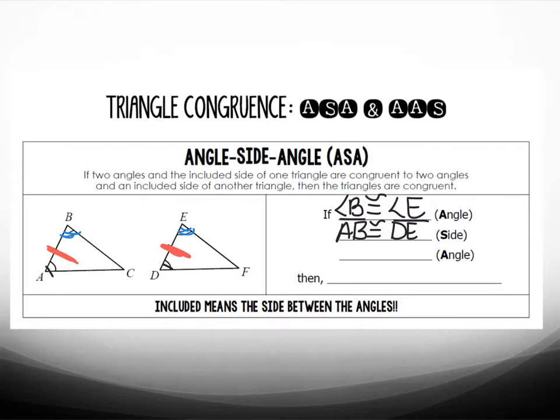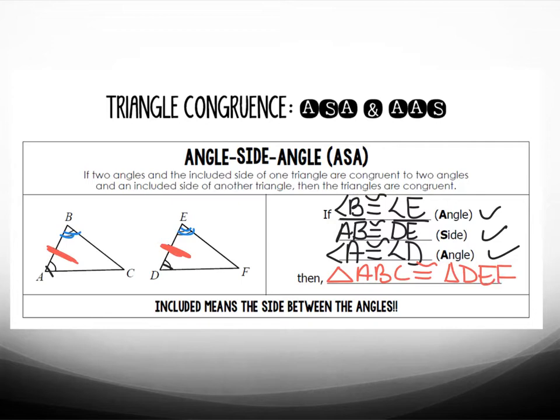So which angle is congruent to which angle so that we can have angle, side, angle and be able to prove the triangles are congruent? You got it. Angle A is congruent to angle D. So now we want to write our congruent statement, and our congruent statement will be triangle ABC is congruent to triangle DEF. That's our congruent statement.